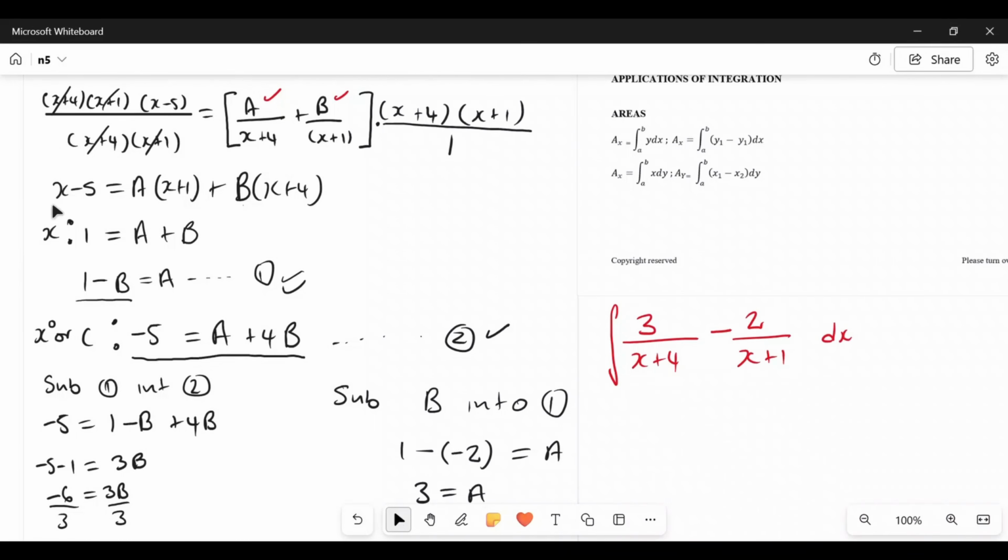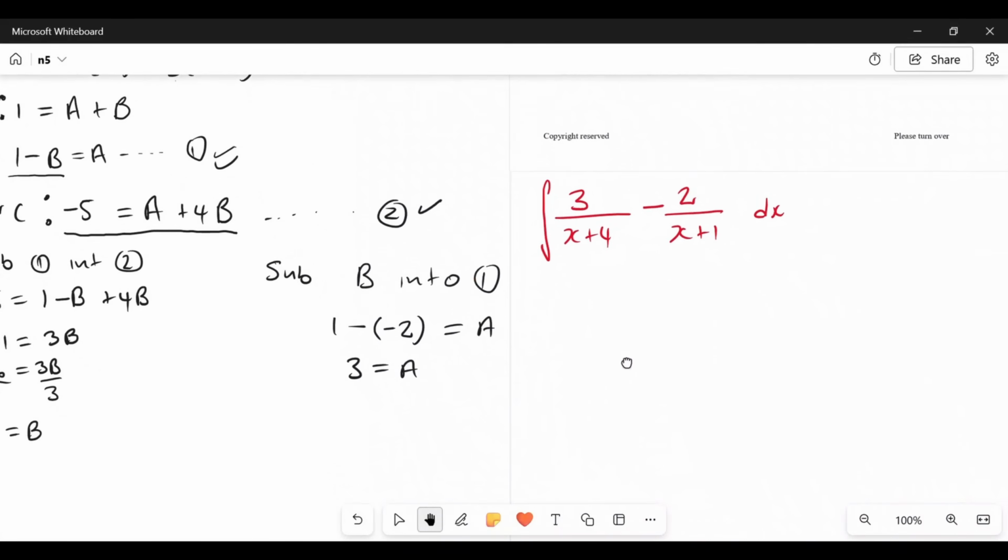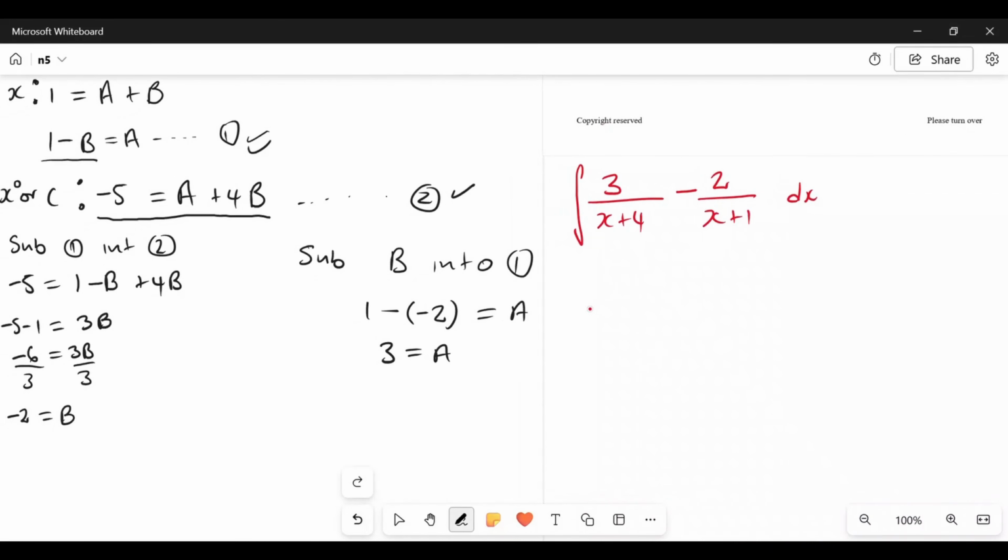So we need to simplify this further so that you are able to integrate it. Let me create a bit of space here. We can do the following. We can take out 3, and then sigma, we have 1 over x plus 4 dx. Minus, and then we take out 2 there. We're going to have sigma, and then we have 1 over x plus 1 dx.